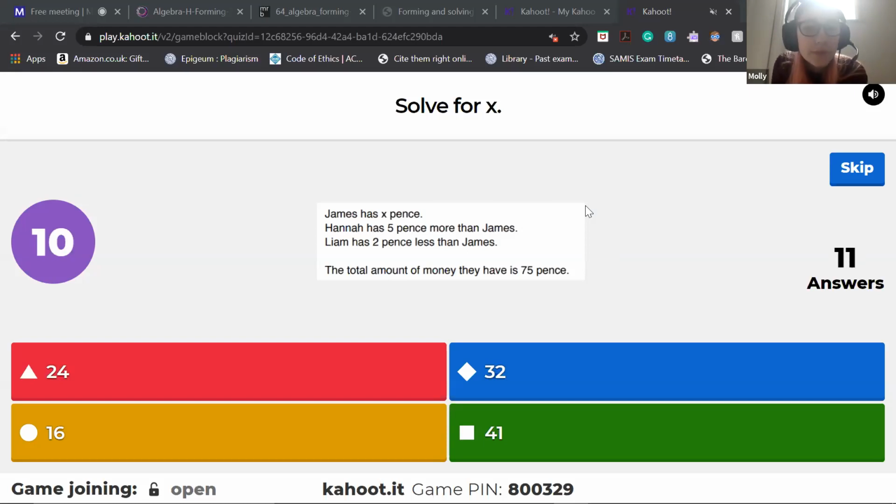Okay, almost there. So hopefully, even if you're not sure how to solve it, you can give a go at least at forming the algebraic equation, seeing what you can make out of this one.